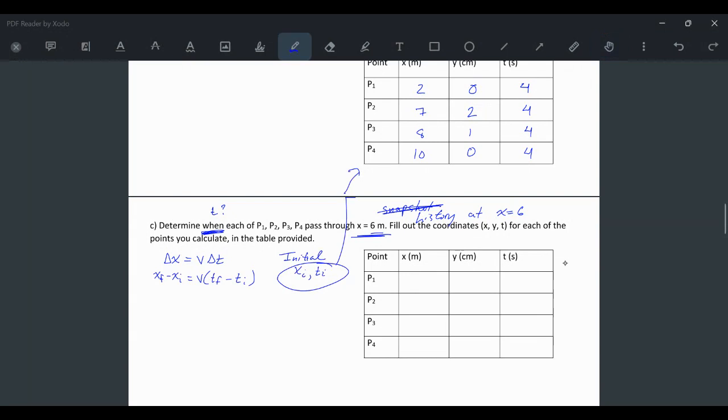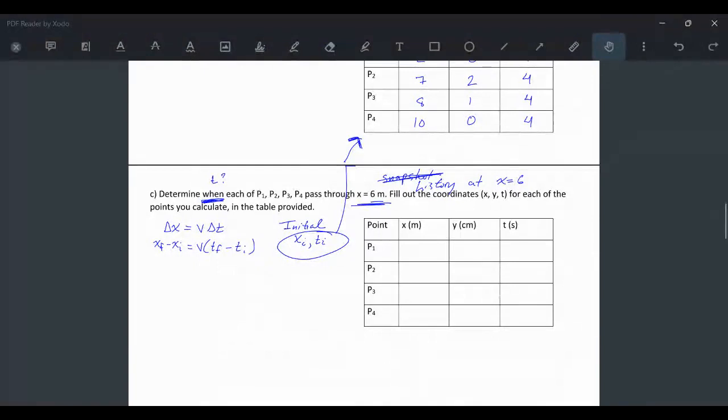I guess I can't draw a cross line, it's page breaks. We will consider whatever's going on in our snapshot graph, that will be the initial points here. And the final will be what happens when the point of interest, be it P1, be it P2, that kind of thing, when it passes through x equals 6.